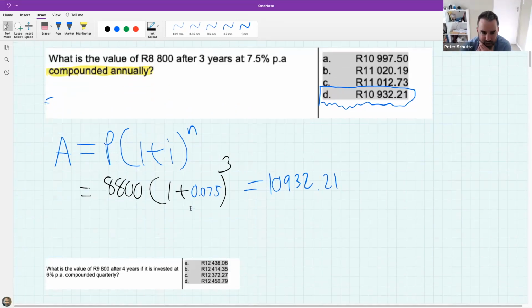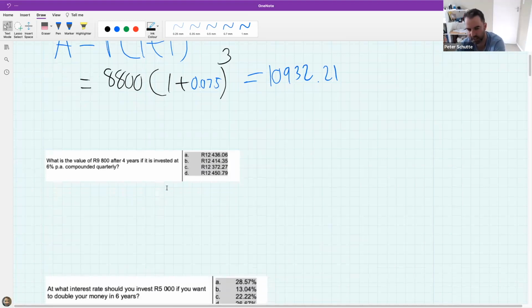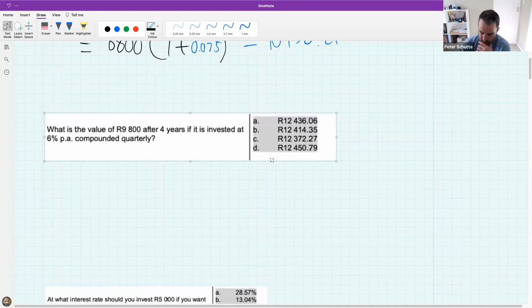So let's look on to the second question. Notice how we're talking about interest, but we're focusing on compound interest. It says, what is the value of 9,800 after 4 years if it is invested at 6% per annum compounded quarterly?